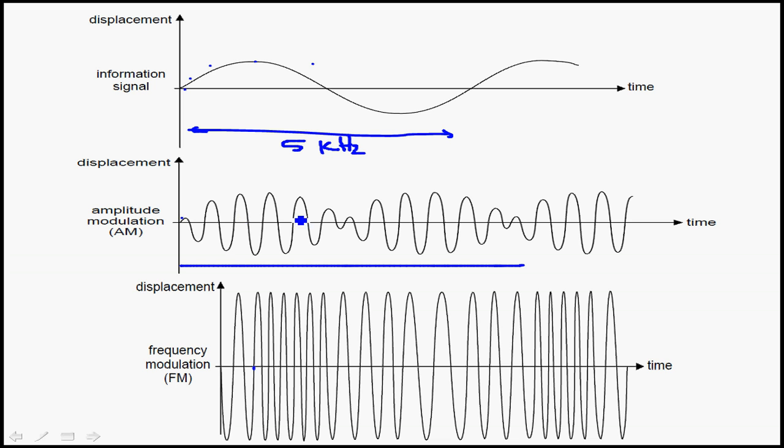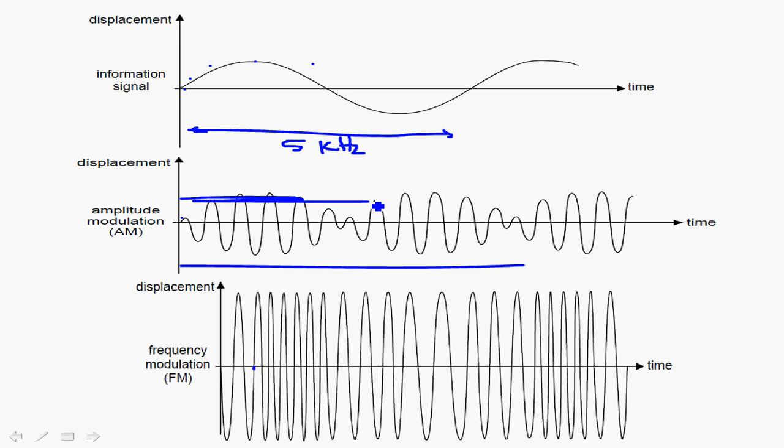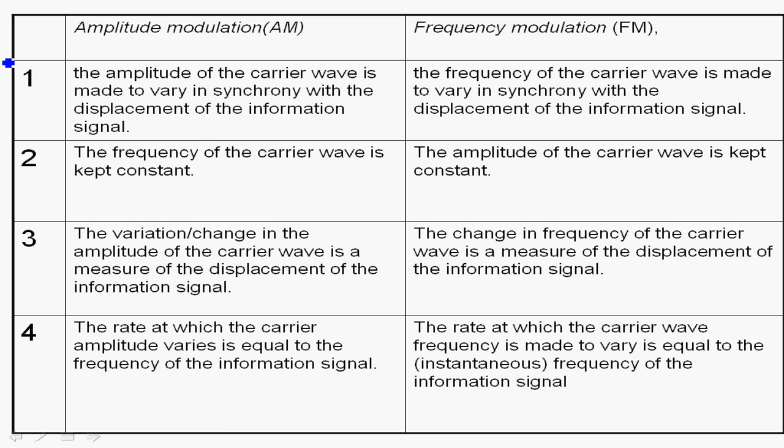So you're going to vary the amplitude 5,000 times. So there are 5,000 variations in a second, or 5,000 variations in the frequency in 1 second. That's what is meant by rate of change in amplitude or rate of change in frequency. How many times? We'll summarize and see what amplitude modulation and frequency modulation are.